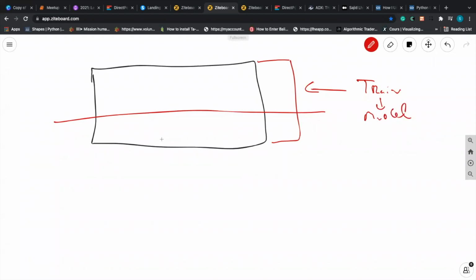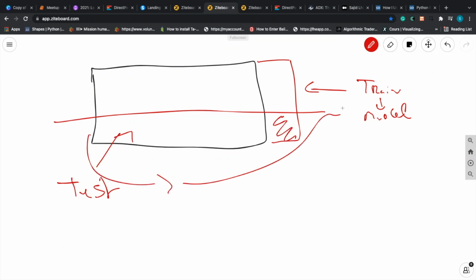And here you have the test dataset, which doesn't have the prediction. We are going to insert this data within the prediction model, and we are going to get a prediction for this data, what we call the prediction value, and we are going to compare the prediction with the real data.